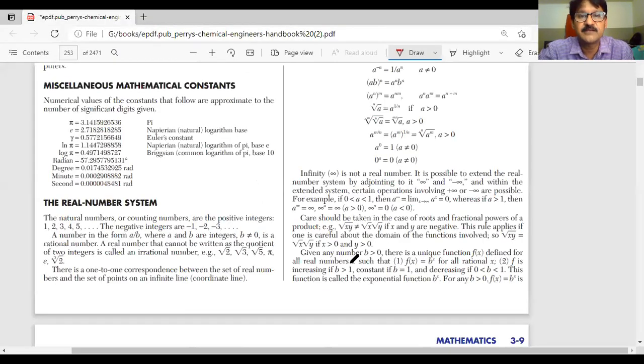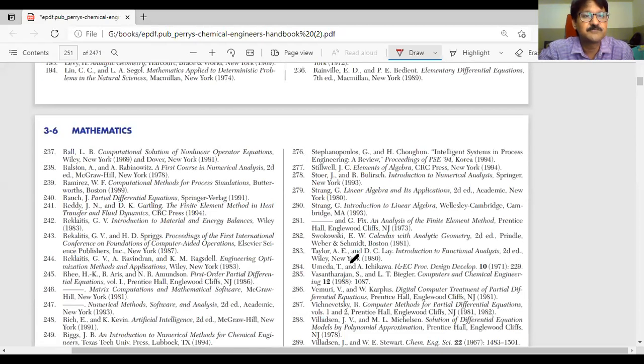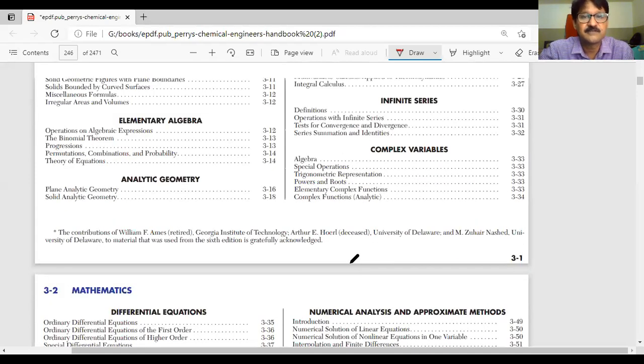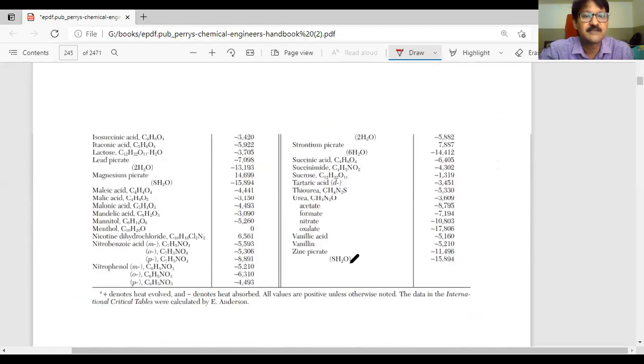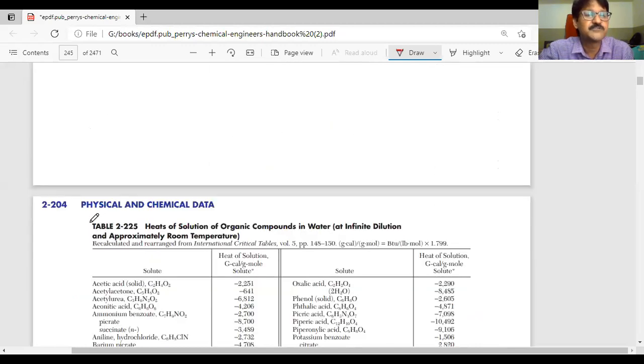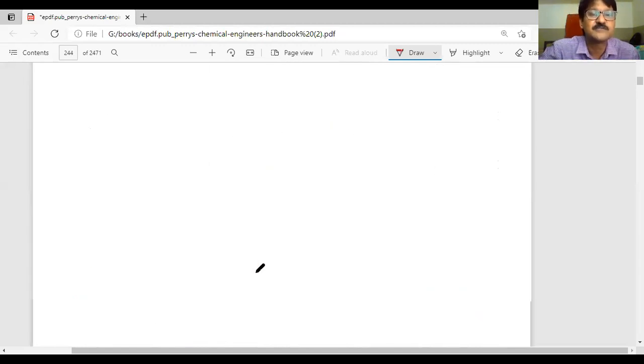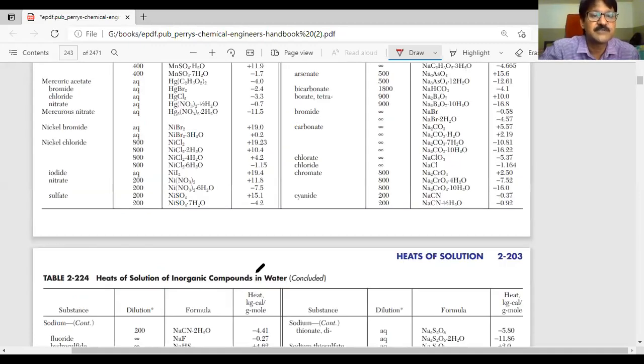But you can see here, this second chapter ends in this Perry handbook. On the last page, you can see page number 326 is not there. See here, this is page 204, only 204. Viscosity.